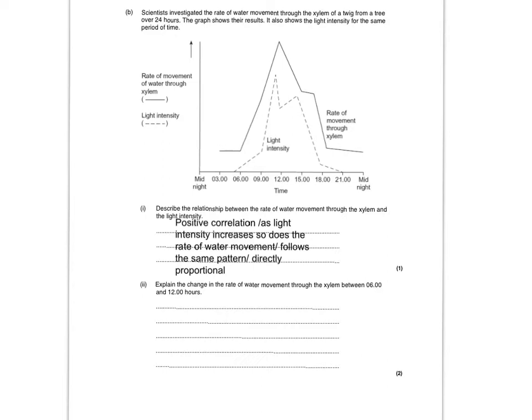You need to recognise to get the marks for this question that between 0600 and 12 that the sun is going to come up and it's going to become light. Therefore the stomata will open, photosynthesis increases, transpiration increases, more water is pulled up, and there is cohesion between the water molecules by cohesion tension.